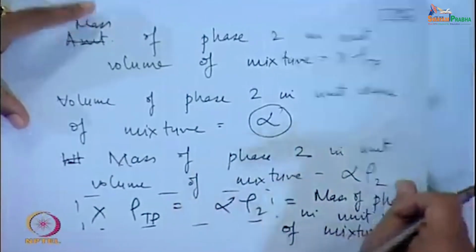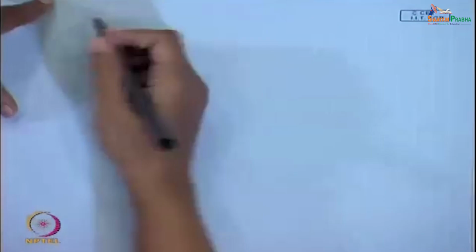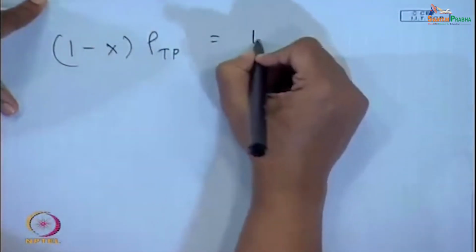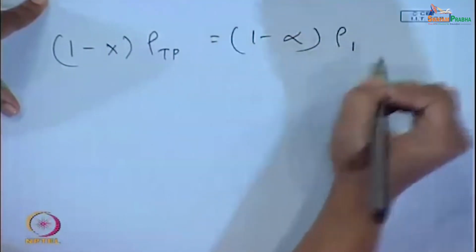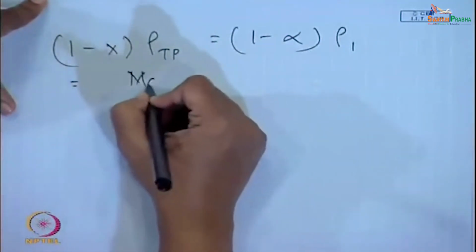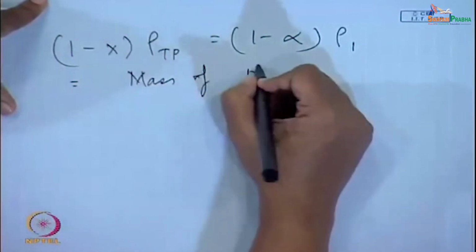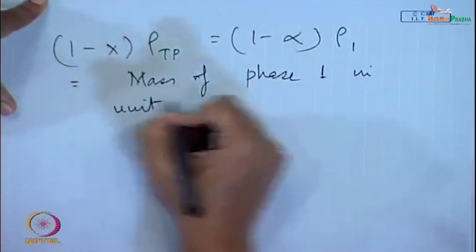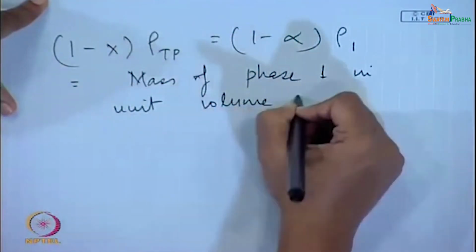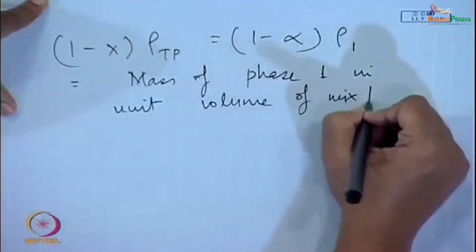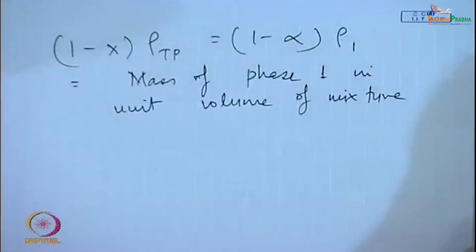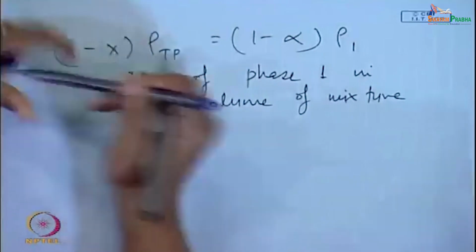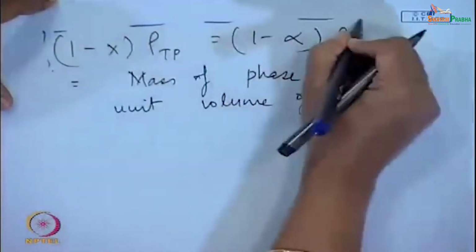Same way, I can also write down 1 minus x rho Tp equals 1 minus alpha rho 1, where this signifies the mass of phase 1 in unit volume of mixture. Can I do this? So, these are the two relationships that I have deduced, and these two relationships are very, very important.